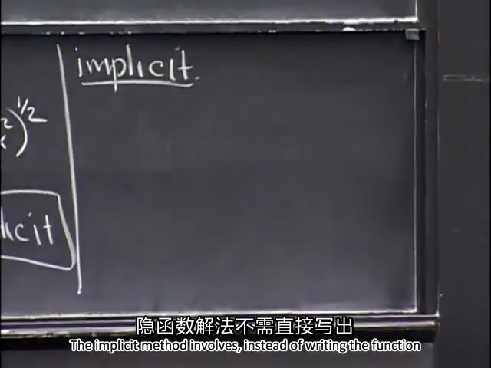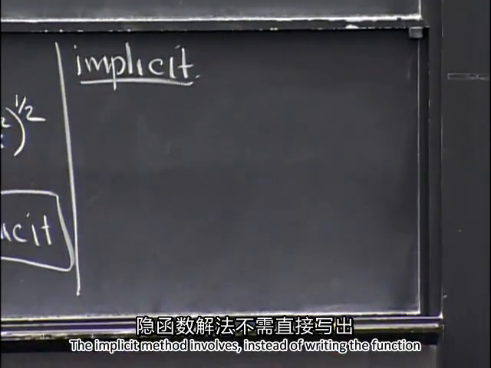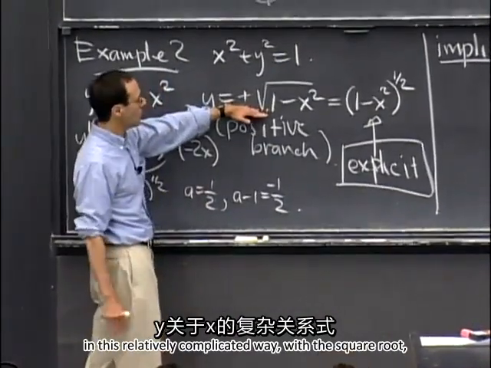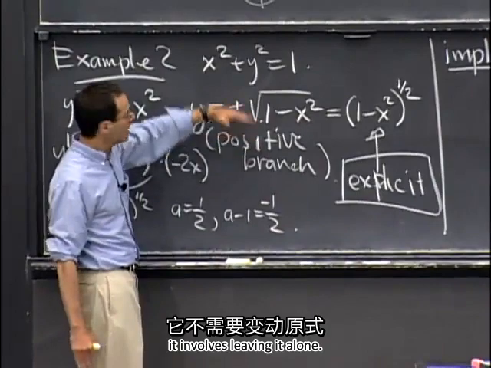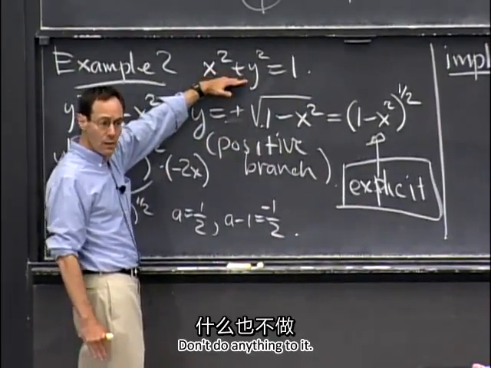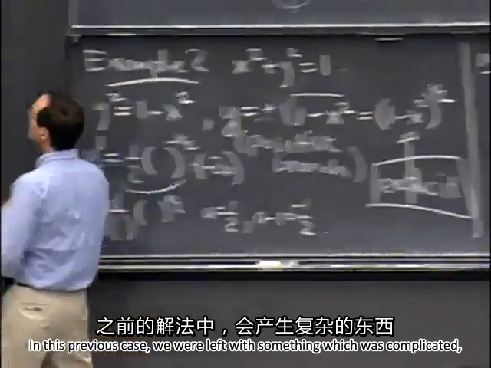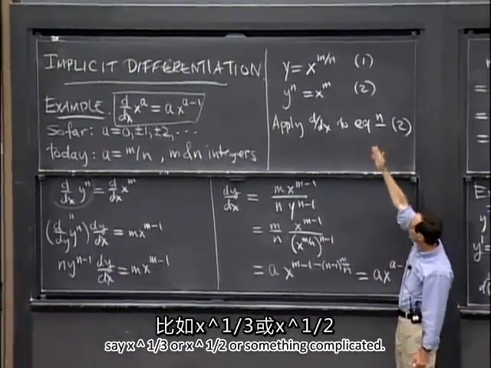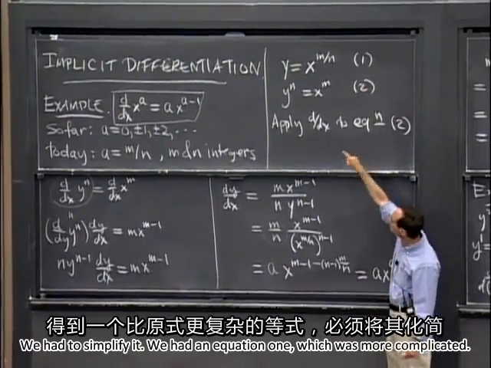The implicit method involves, instead of writing the function in this relatively complicated way with the square root, leaving it alone. Don't do anything to it. In this previous case, we were left with something which was complicated, say, x to the 1/3 or x to the 1/2 or something complicated, we had to simplify it.